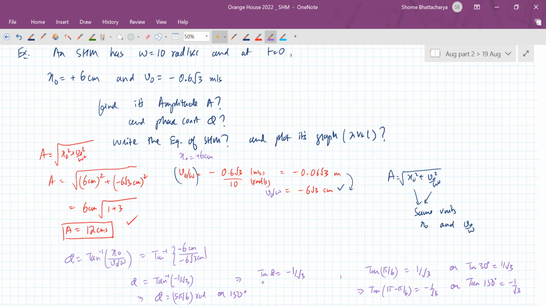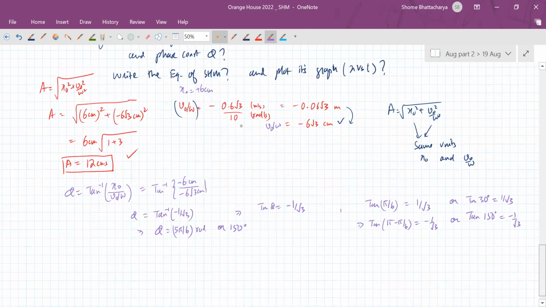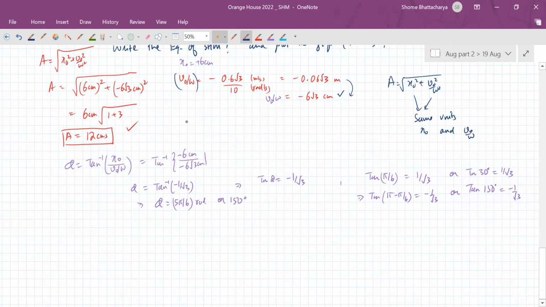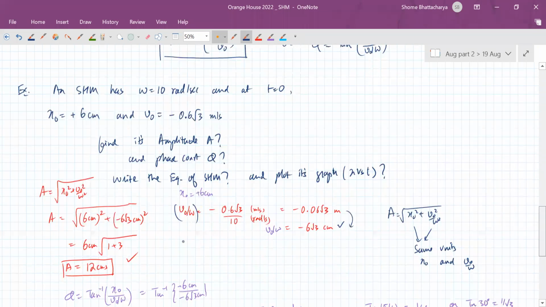Okay, people, so hope this part is clear. So now once we've got the amplitude and the phase constant, we know that for this SHM, amplitude is 12 centimeters, phase constant is 5 pi by 6, and omega was given to us as 10 radians per second in the question itself.